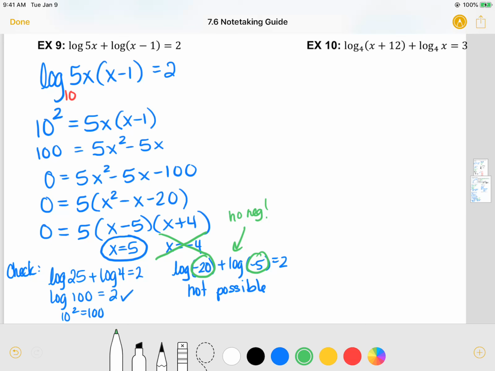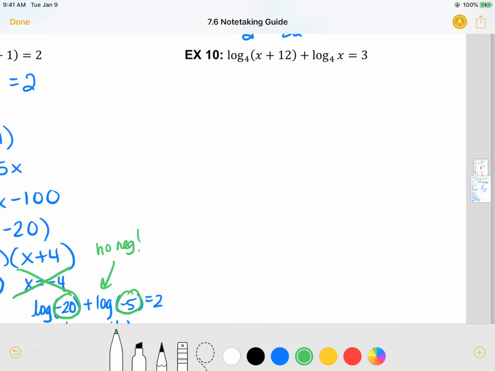Okay? So let's go ahead and do this last example here. What we're going to do is we are going to first condense. Okay? So let's rewrite it. We're going to say log base 4 of x times the quantity of x plus 12 is equal to 3. Okay?